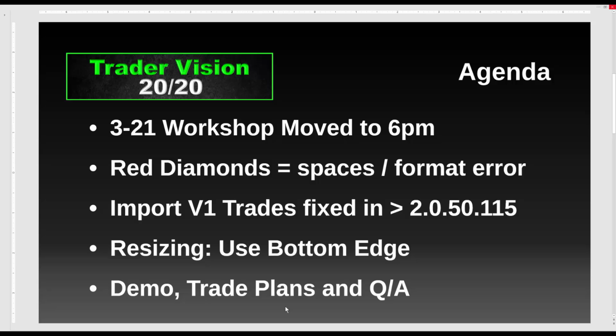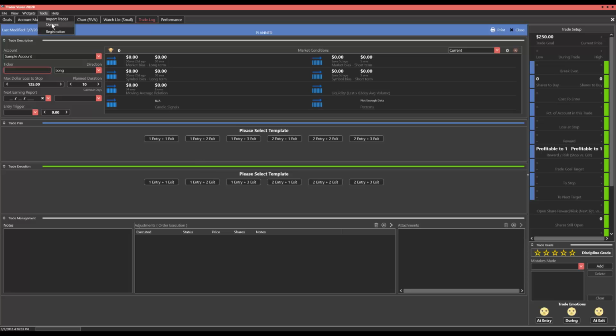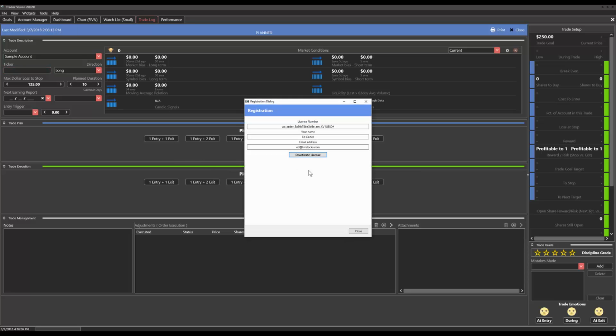Secondly, I've been getting questions about what the red diamonds mean during registration, and it's difficult for me to explain, so I will try to show this quickly. If I had a red diamond with an exclamation point to the right-hand side of my license number or my email address, what that means is that you've input something that doesn't meet the mask that we put in.